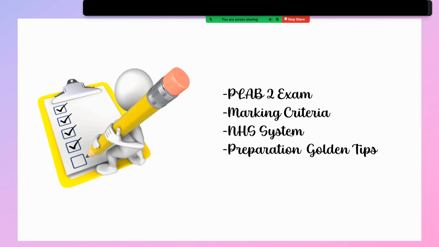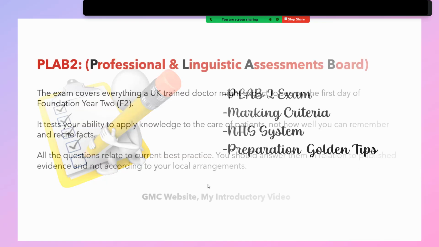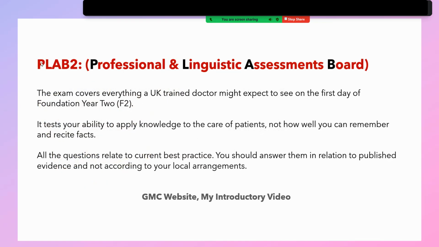Knowing the NHS system will give you an adequate insight about the referrals in the NHS system, so you will know what is the next step in the treatment for each case. All right? Then we can talk about the golden tips for preparation. Okay? All right. Let's start with the exam.